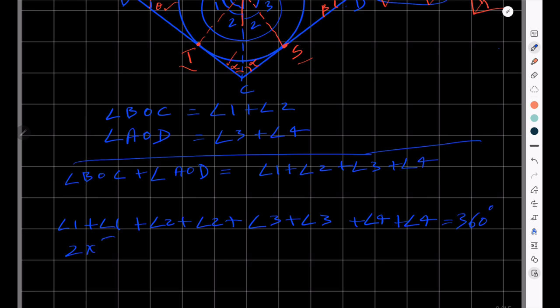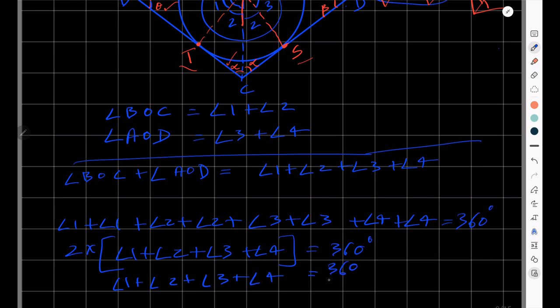So we can take out 2, which is common to all. So these 4 angles put together are 360 divided by 2, which is 180 degrees, and this is what we needed to prove here.